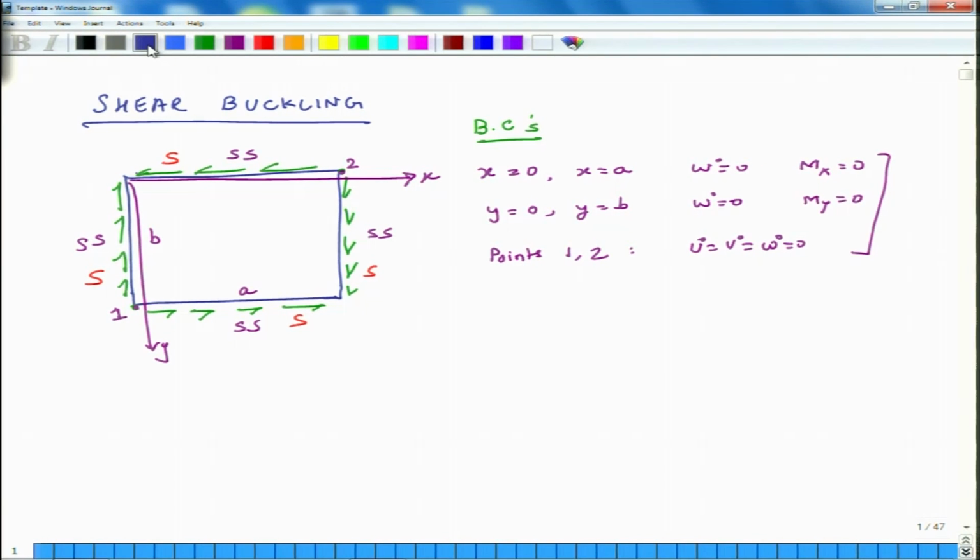So the question is, at what value of S will the plate buckle?